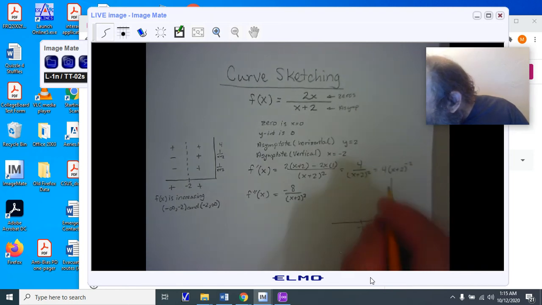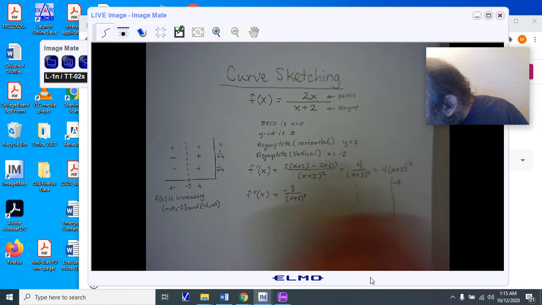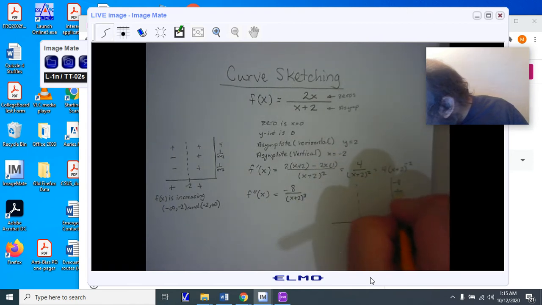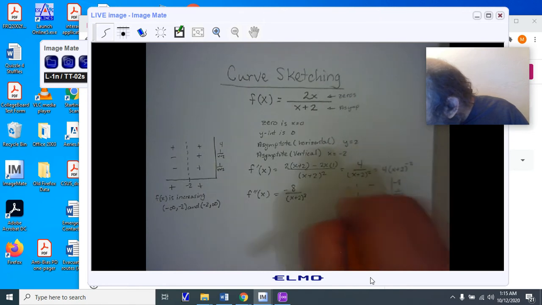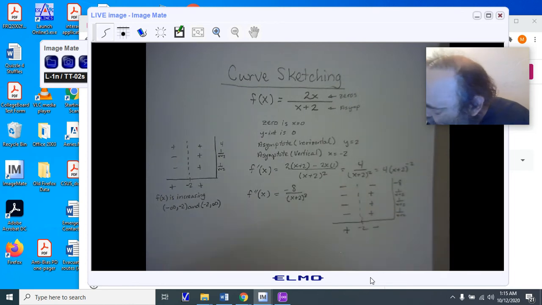We're now working with concavity. Negative 8. I have 3 of these fractions, 1 over x plus 2, 1 over x plus 2, 1 over x plus 2. We now have a negative for negative 8, but a positive and a negative, positive and a negative, positive and a negative for a positive negative.